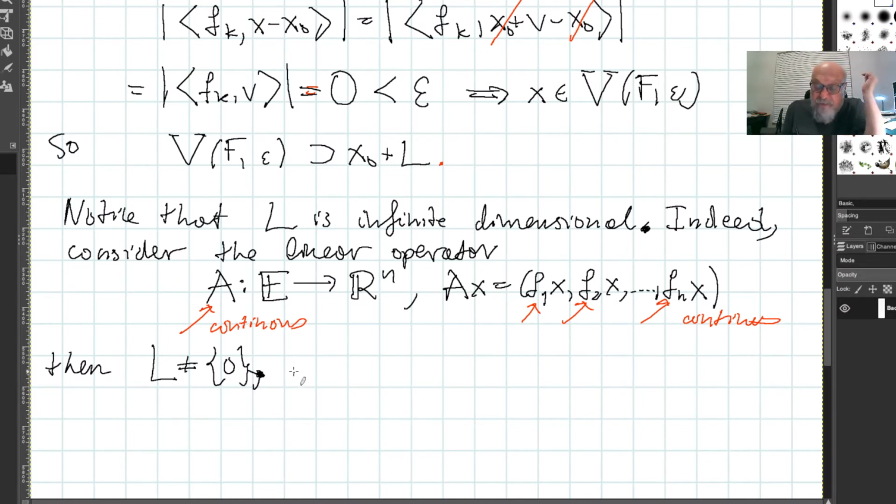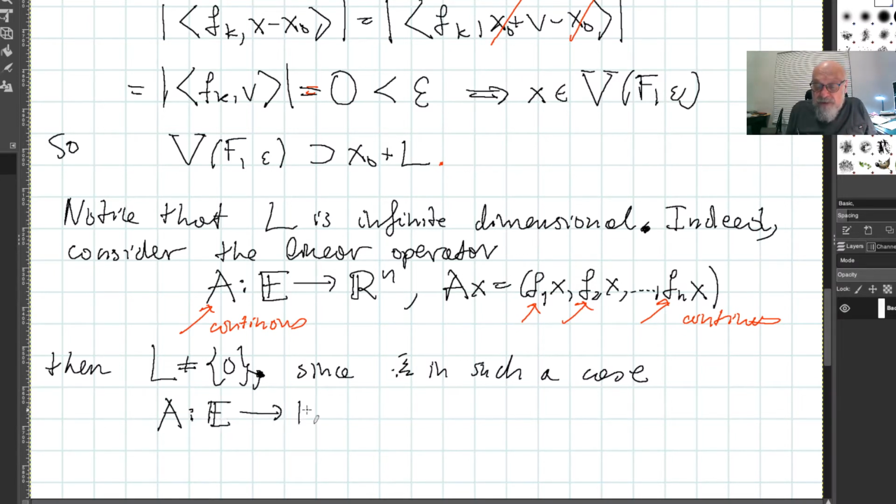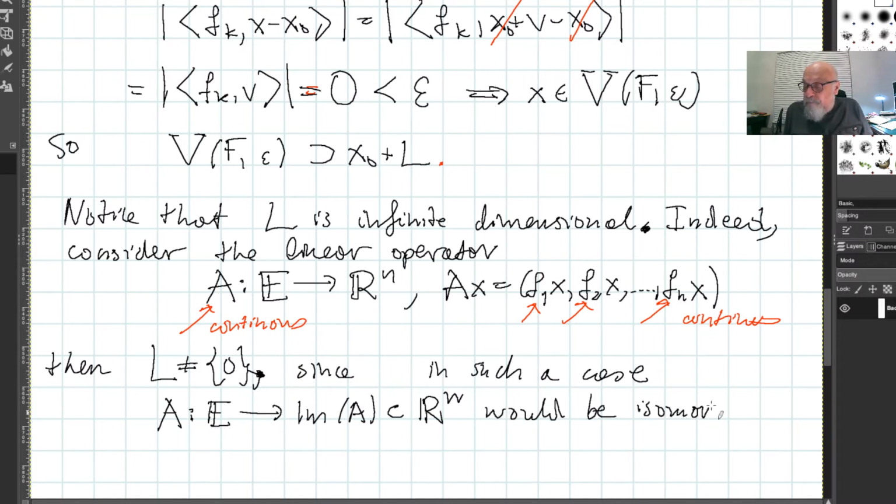Because if L is equal to 0, in such a case, we will have here that A goes from E to the image of A, which is a subspace of a finite dimensional space, so this is definitely closed, and A would be an isomorphism.